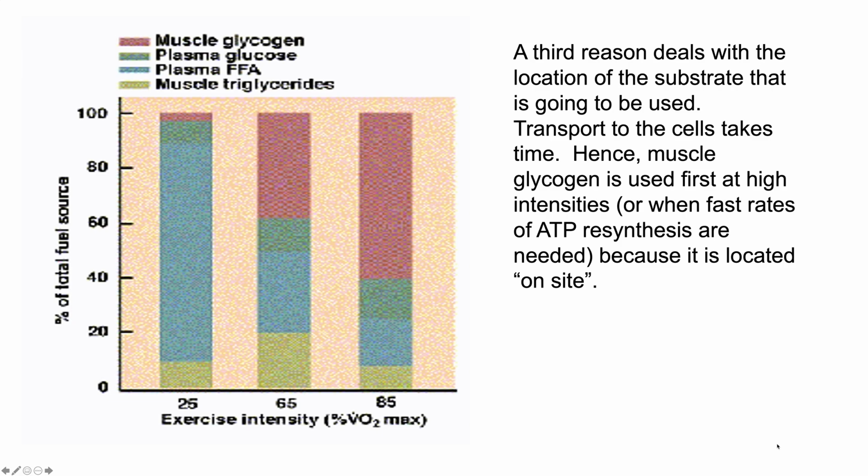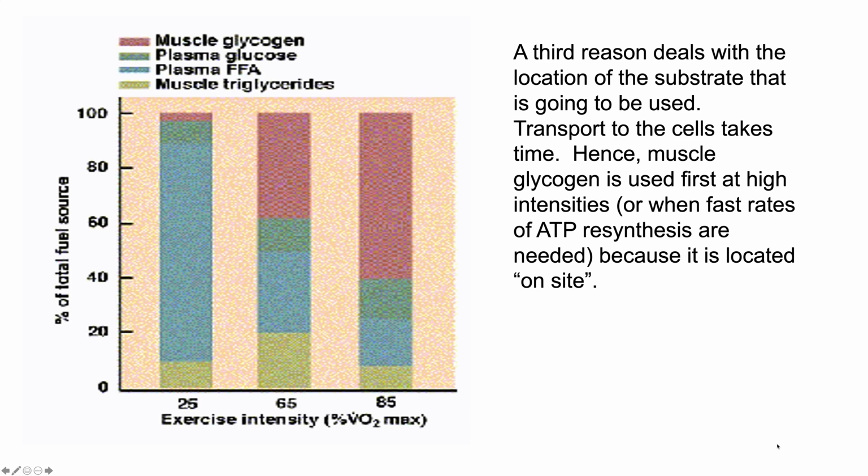You see the contribution, free fatty acids is the greatest amount, with very little muscle glycogen. But then at 65%, which is really a decent pace to be training at, it's not super high intensity. It doesn't take much to get to 65% for those who are untrained. But you can see muscle glycogen and fatty acids split to almost 50-50, thereabouts.